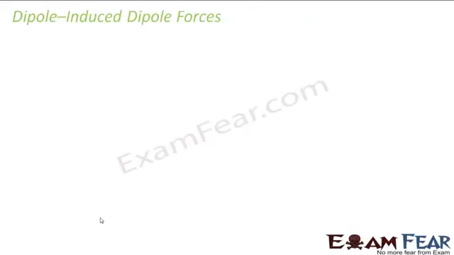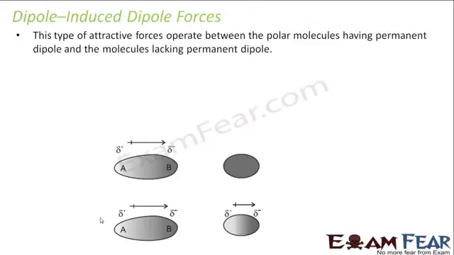Then we have dipole and induced dipole force. This is a type of force that operates between particles where one has a permanent dipole and the other lacks a permanent dipole. If you see, this is 1 and this is 2. 1 has a permanent dipole, 2 does not.